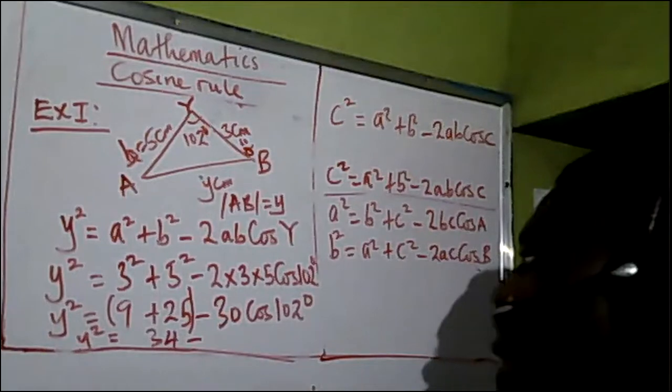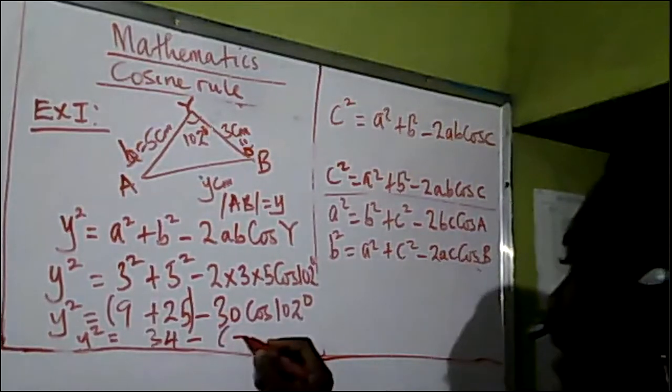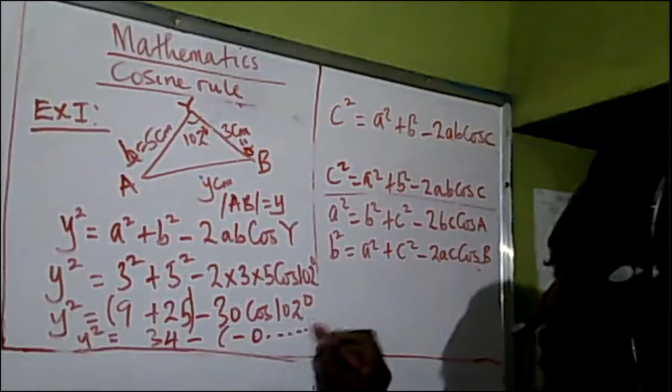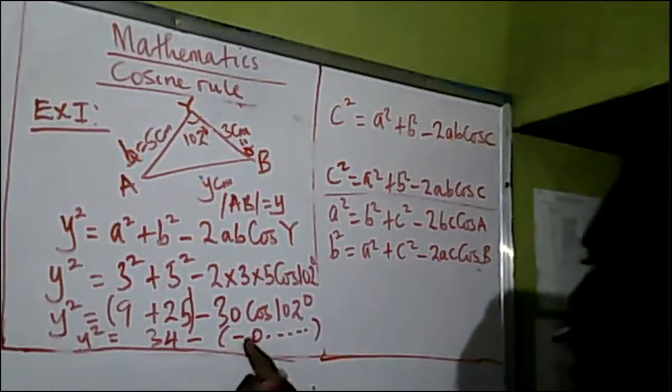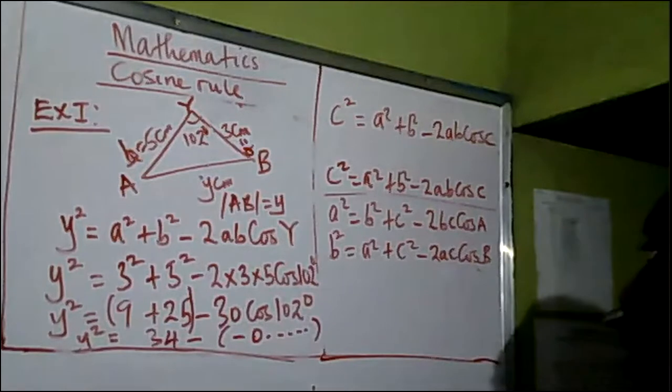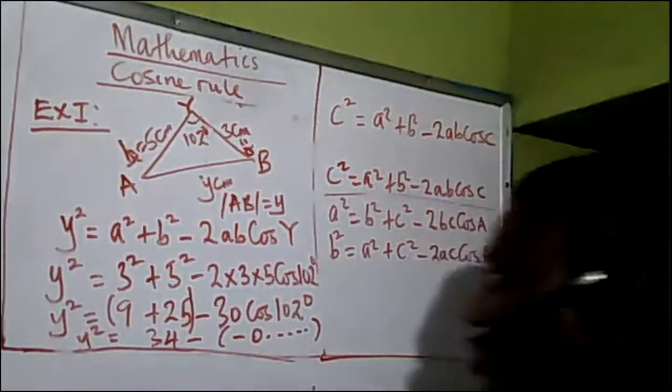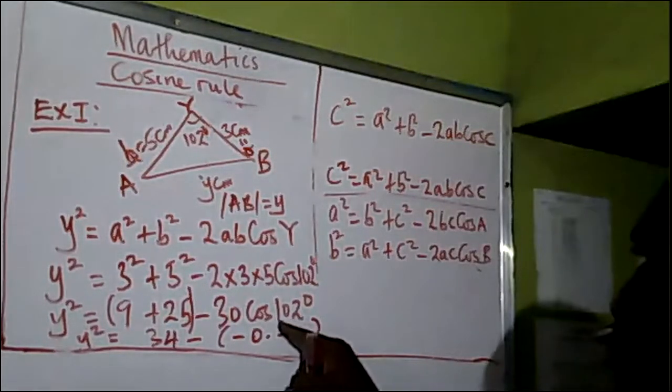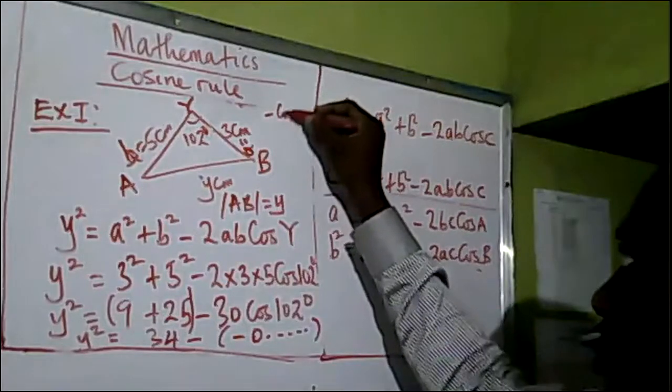If you use your calculator directly, it will give you minus something, 0 point something, and so on. So minus times minus will give you plus. Or if you remember how to use your quadrants, then this should be minus cos.